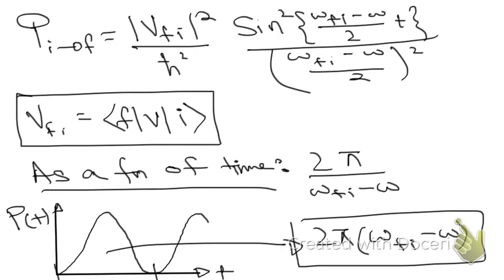If we view this probability over here as a function of time, it is oscillatory. And there is another point of view that we could take, and that is to look at that probability as a function of frequency.